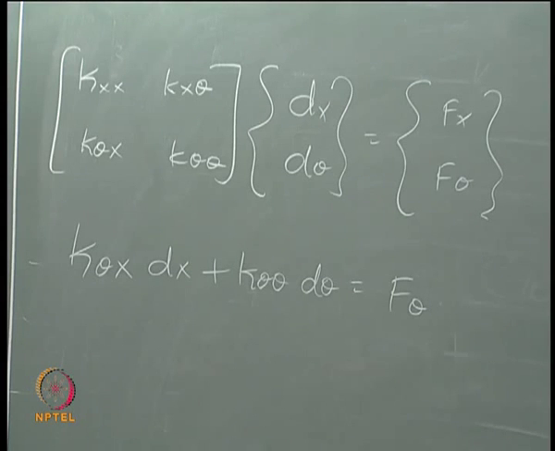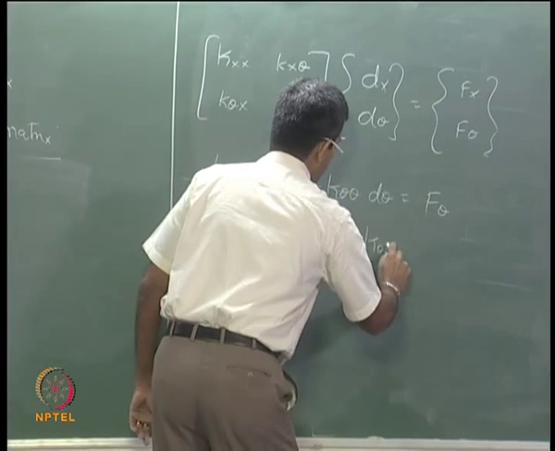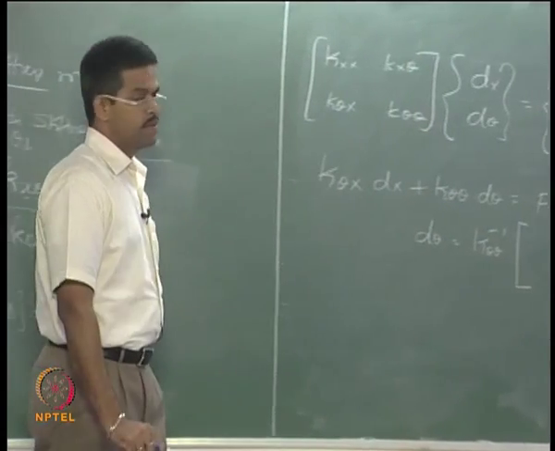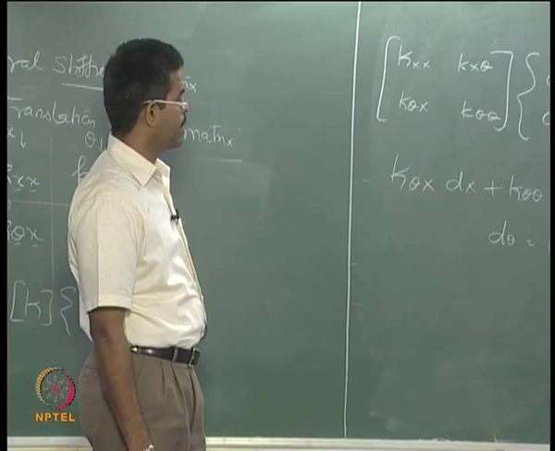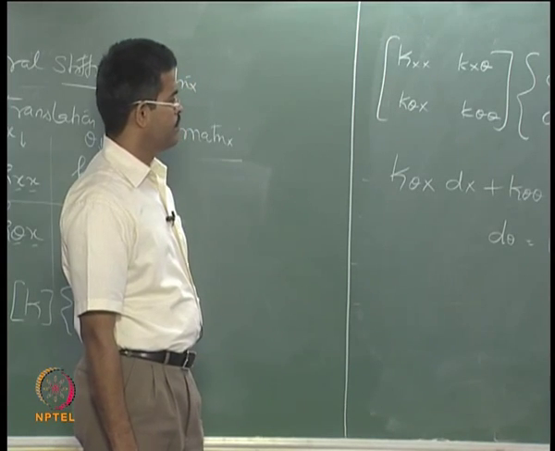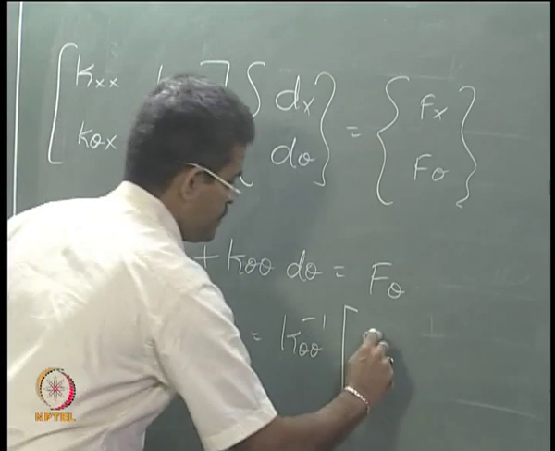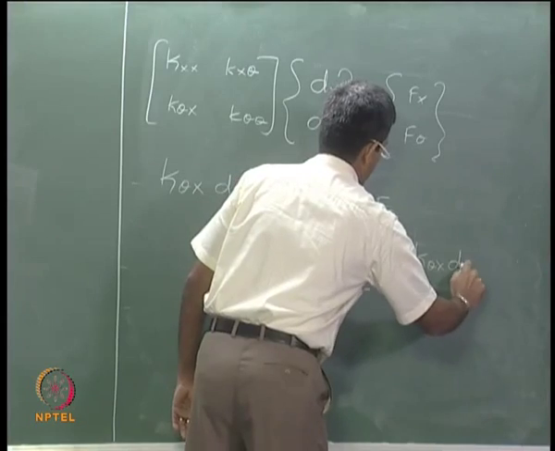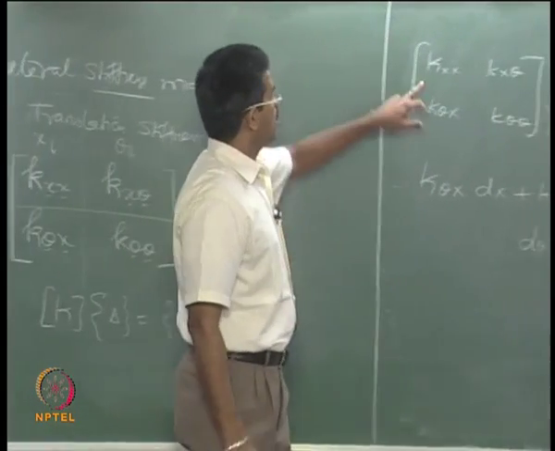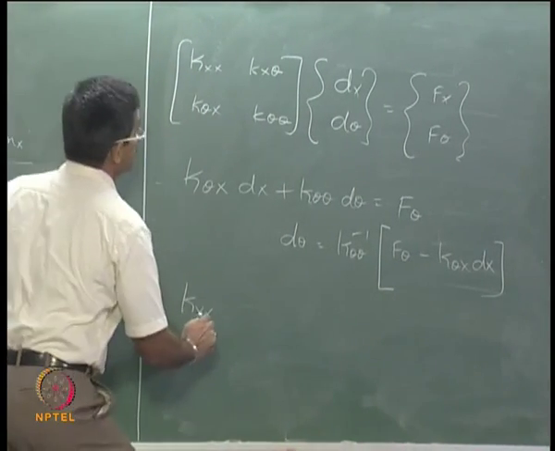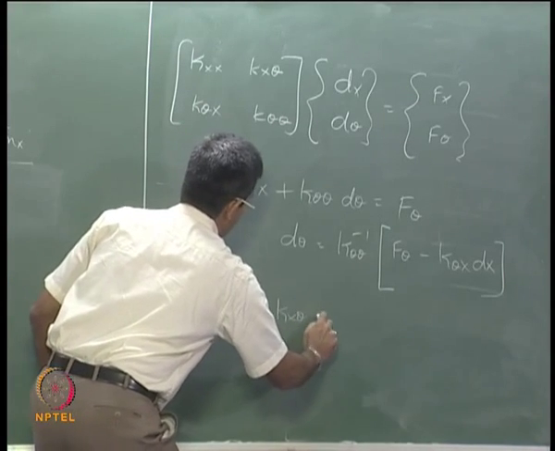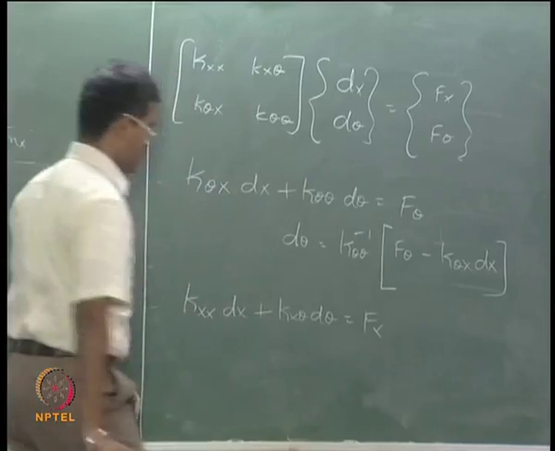So I can get d theta from here, which will be k theta theta inverse of f theta minus k theta x dx and so on. Look at the first row, I say kxx dx plus kx theta d theta is fx.